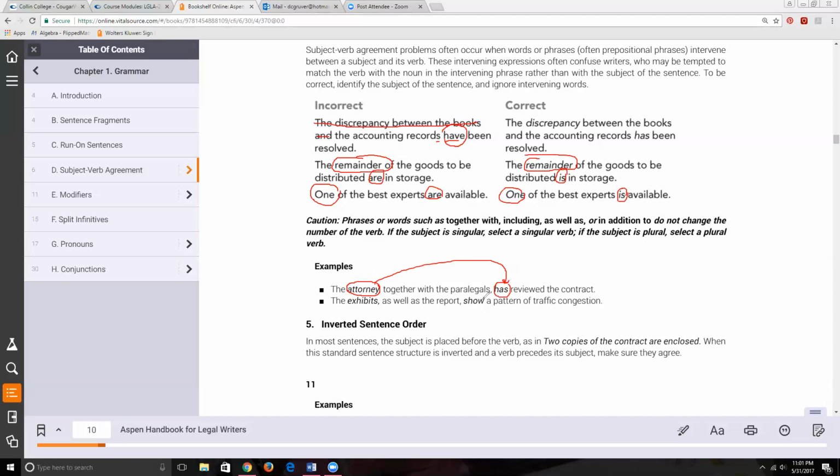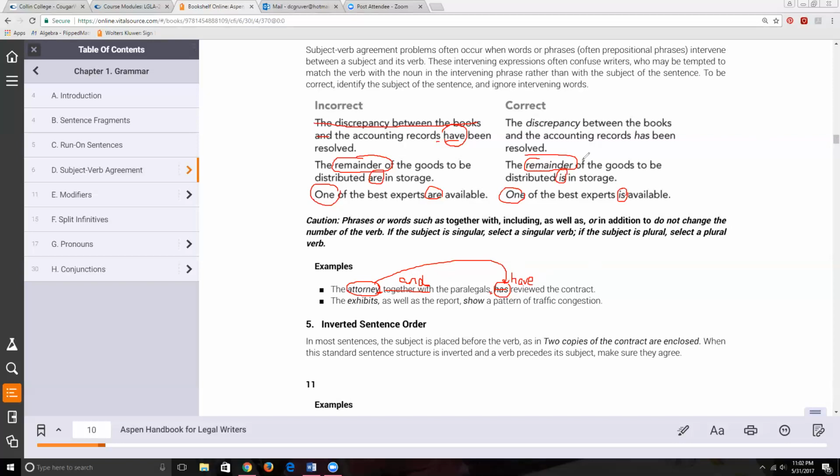But let's rewrite this sentence. The attorney and the paralegals. I'm going to get rid of our commas. The attorney and the paralegals, now we have to change this to have because we have a plural subject. Remember, our rule 1 said that we need to do this.